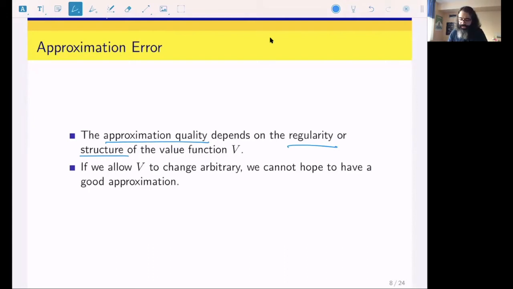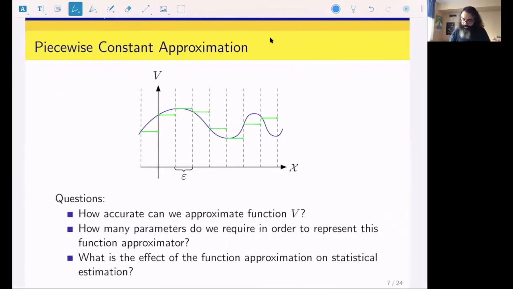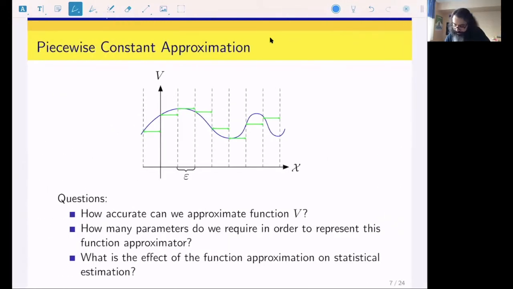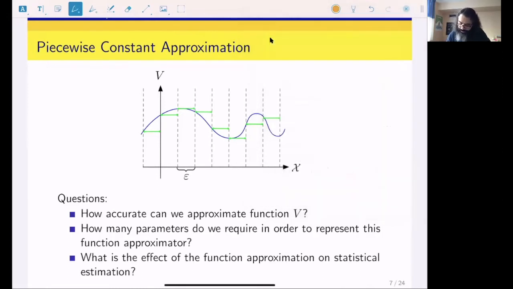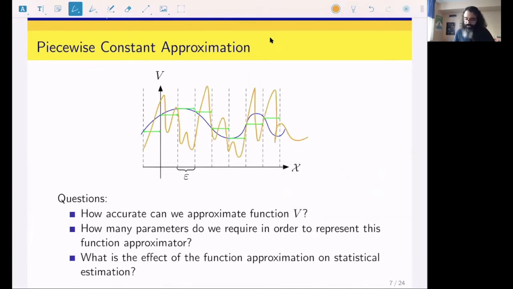So what does it mean? Instead of the blue function, suppose I have a function that looks like that. You see that if you have such a function, approximating it with a piecewise constant function is going to be more difficult.